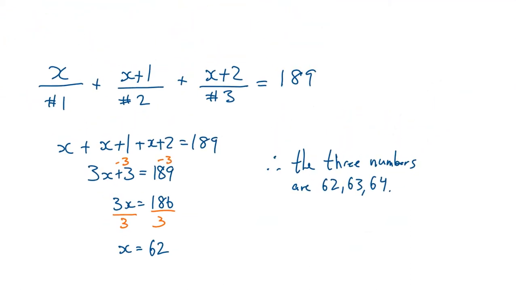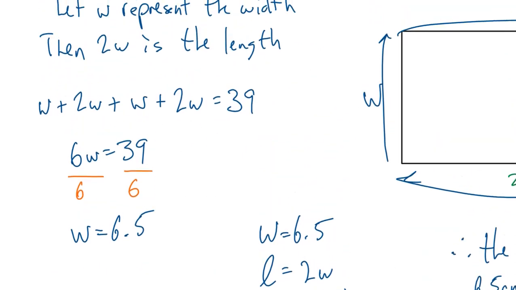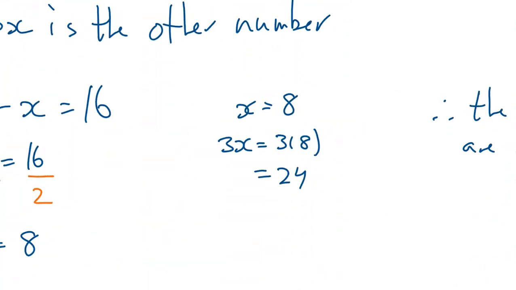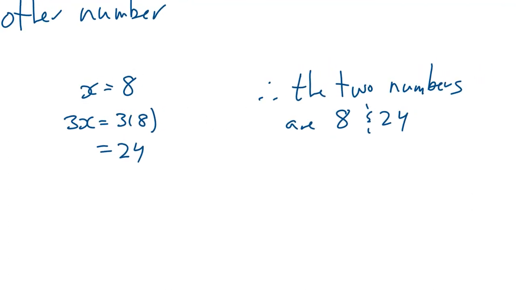Once again, as I've been saying, when these questions get harder in other math classes, or maybe even later in this course, showing that step of actually calculating the other numbers, so the dimensions in this case, or up here, finding out if one of the numbers is 8, the other number is 3 times 8 is 24.